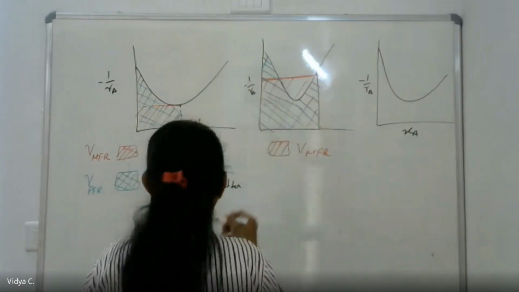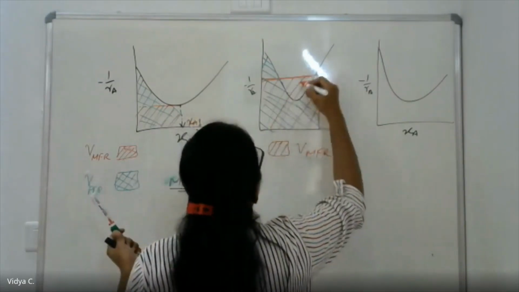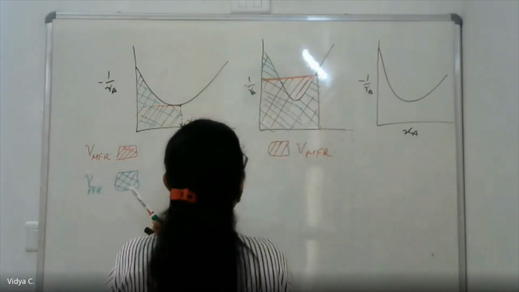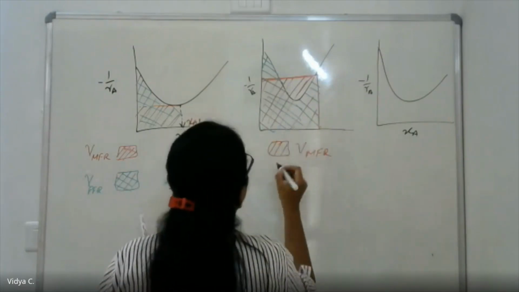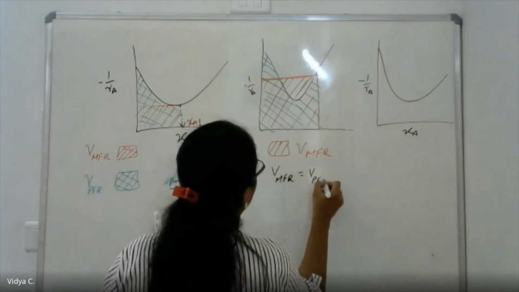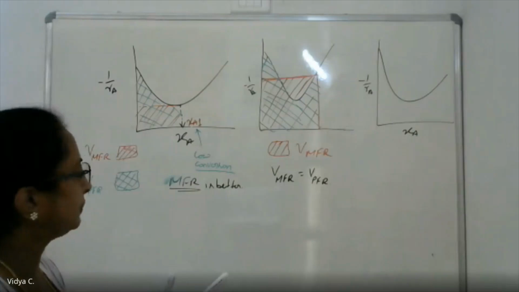If you calculate, for PFR it is all this rectangle. So almost the volume of MFR is equal to the volume of PFR if the nature is in this way.